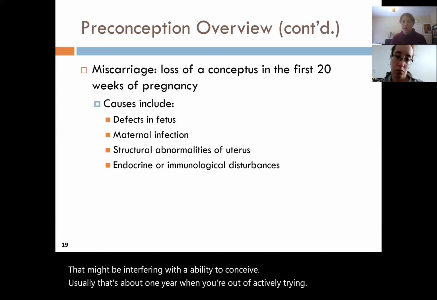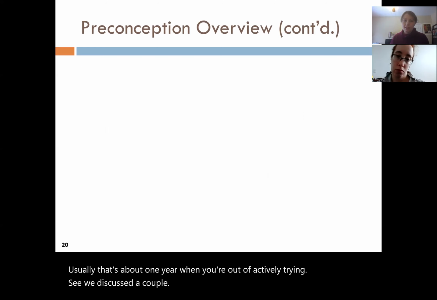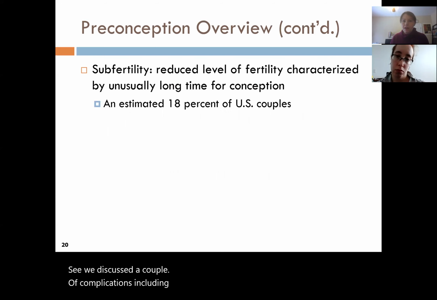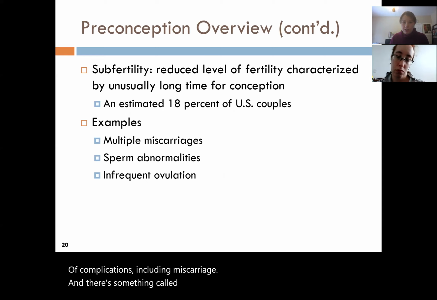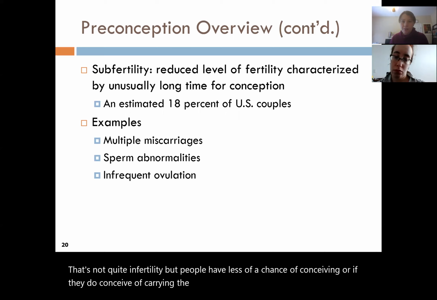We discussed a couple of complications, including miscarriage. There's something called subfertility. That's not quite infertility, but people have less of a chance of conceiving, or if they do conceive, of carrying the pregnancy. That can be because of a variety of reasons, including genetic.